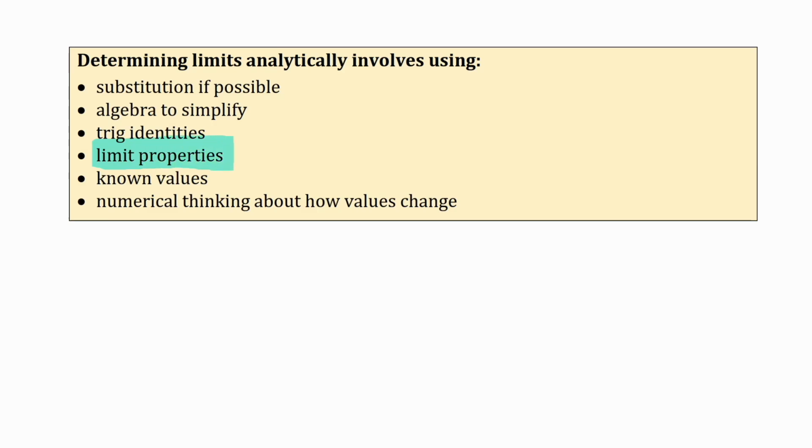As well, the limit properties we saw earlier, we're going to use those, of course. And then known values, like we just did with the limit of sine x over x at 0 being 1, things like that. And then as we move forward with our work with limits, sometimes we're going to use what we call numerical thinking about how values change. We're not really going to use it here, but it's included in the list for the sake of completeness because you will use it in your future work with limits.